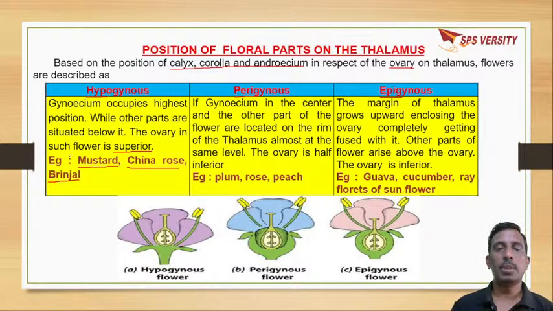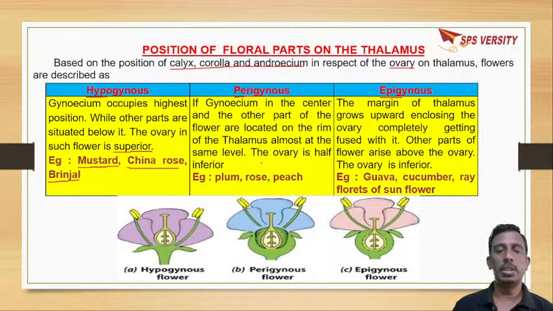And what is meant by perigynous? Here, the gynoecium is present in the center, but the remaining floral parts arise from the rim of the ovary.